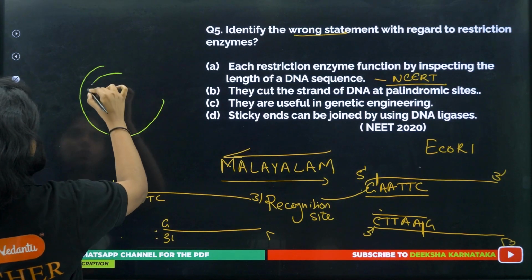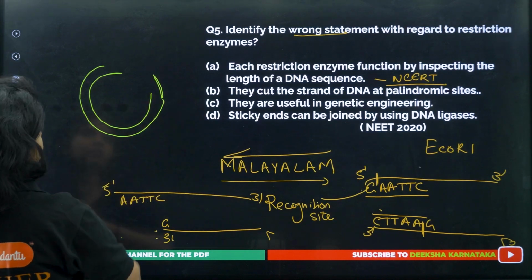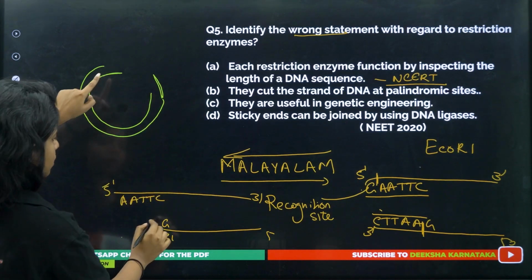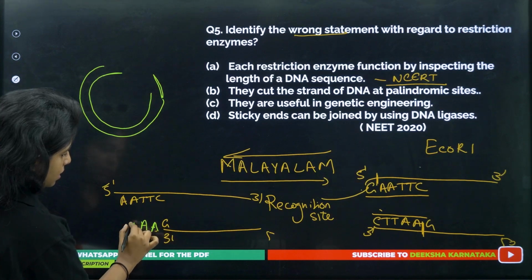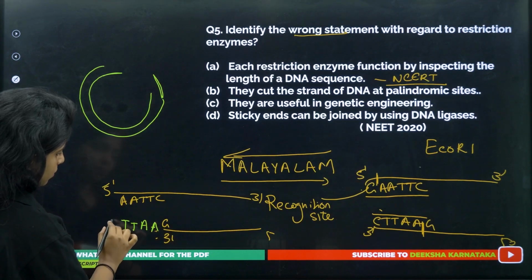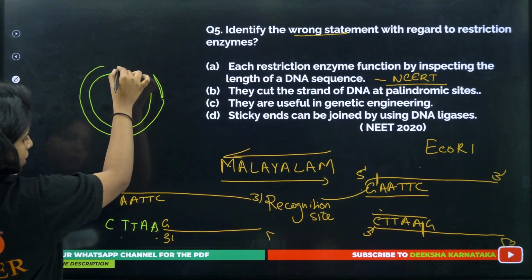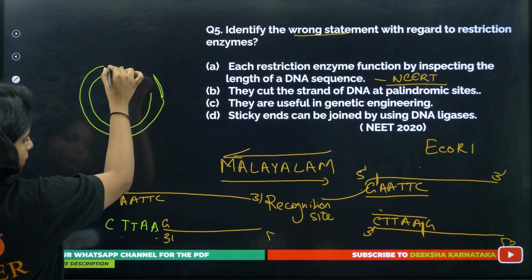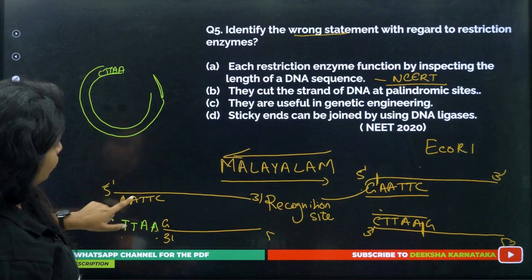Suppose it also has a sticky end like this, where the sequence will be, children, GAATT and C. So here the sequence is AATTC. Over here, what will come and bind?